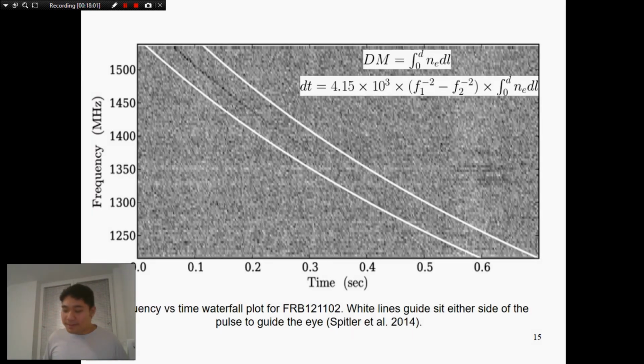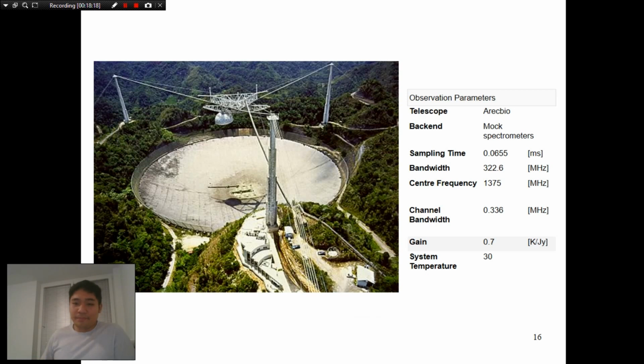Okay, what they did in this paper is, first, these FRBs were detected using the Arecibo telescope in 2014. Then, one of the most important questions about the FRBs is that the energy is too high.